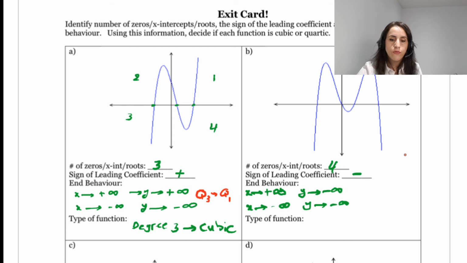Or if I like to write it another way, it's going to be Q3 to Q4.